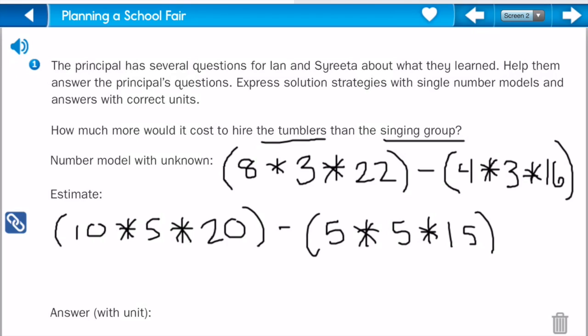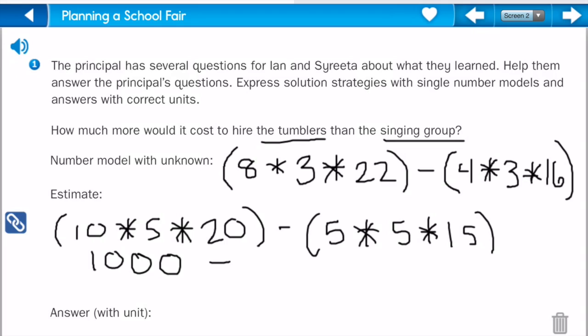So now I want you to figure out what those might be when we multiply them. So 10 times 5 would be 50, and then if we multiply 50 times 20, we get about 1,000. Okay, about 1,000. I'm still going to subtract it.